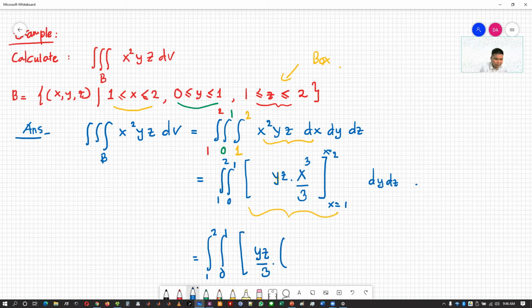This one I put the x, 2 to the power of 3, which is actually 8, and then minus 1. So it's 7. So this one is actually 7.